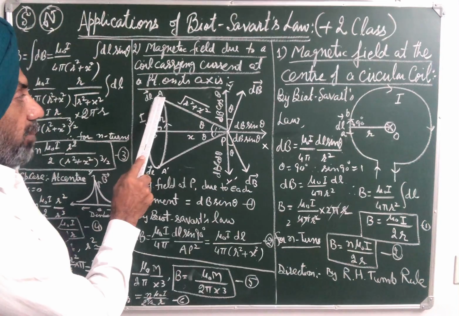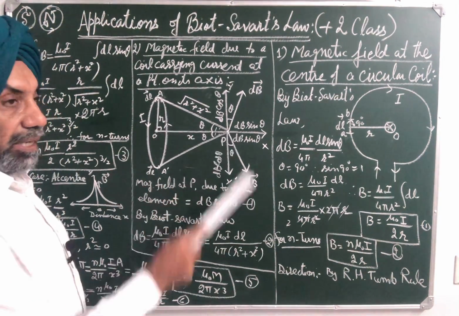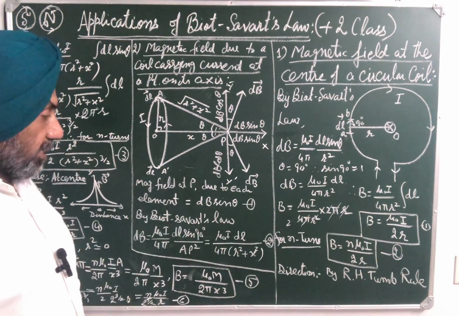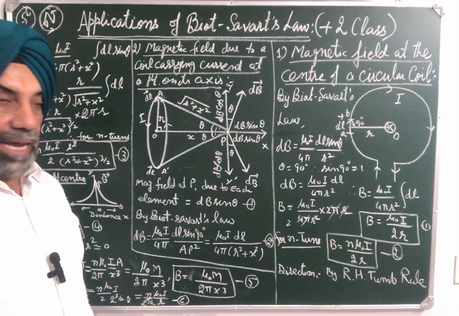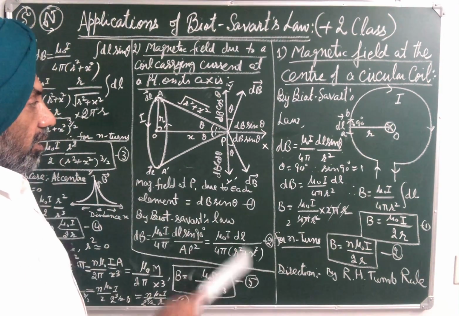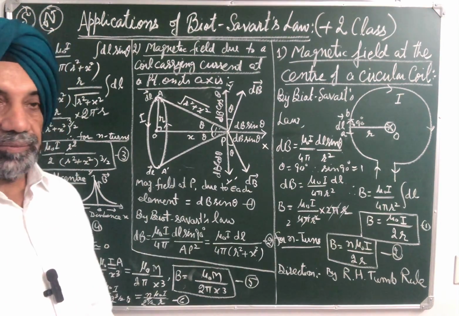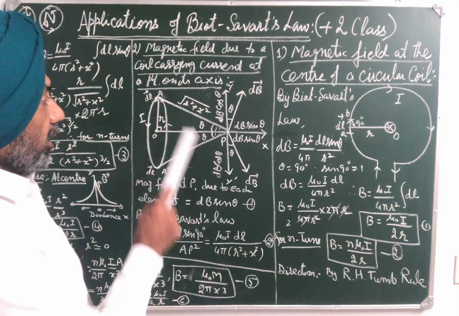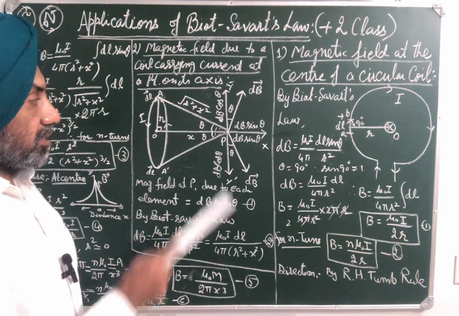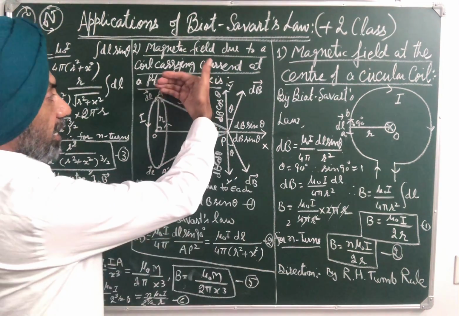Let an element of length dl be at A; join A to P. Similarly, let there be an element of length dl at A dash, diametrically opposite; join A dash P. Then the magnetic field due to each element at P will be normal to AP and A dash P, in this direction, by again using the right-hand thumb rule.